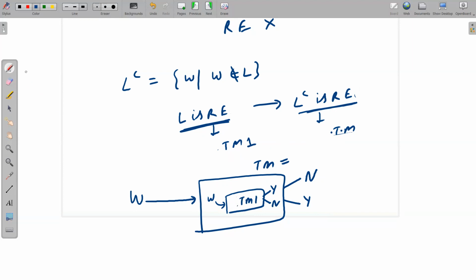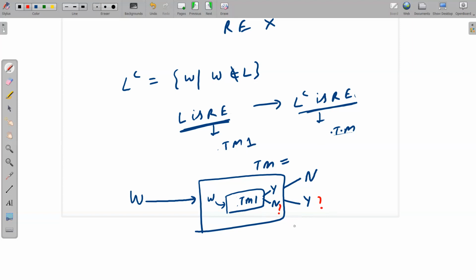Now see here carefully. The big Turing machine will call this small Turing machine 1. If W belongs to L, it will say yes, so obviously your big Turing machine will say no. There is no problem. But in case of no, Turing machine 1 may hang, and I am writing a question mark here. So for yes, we will have a question mark.